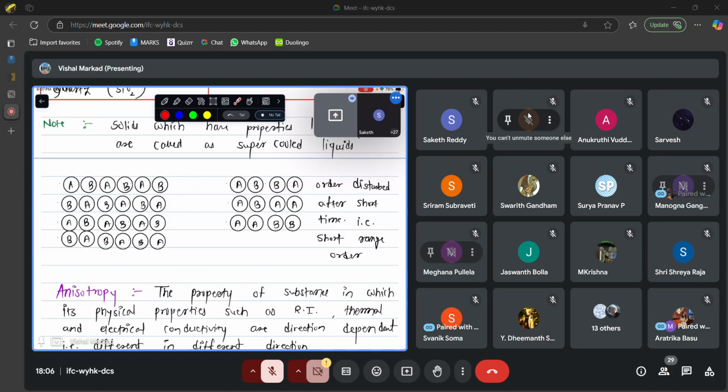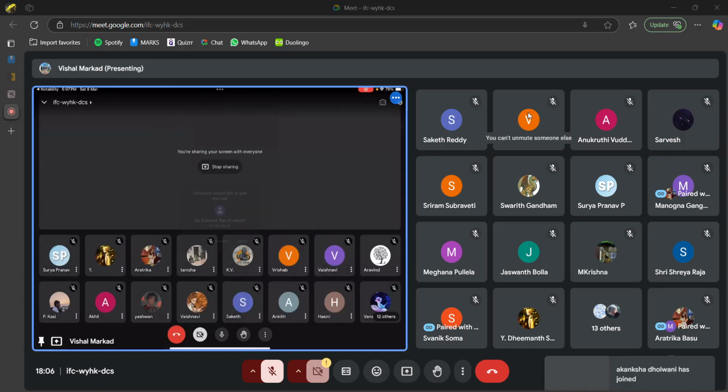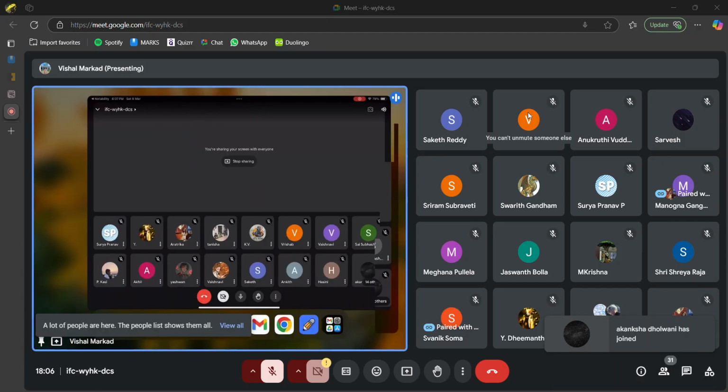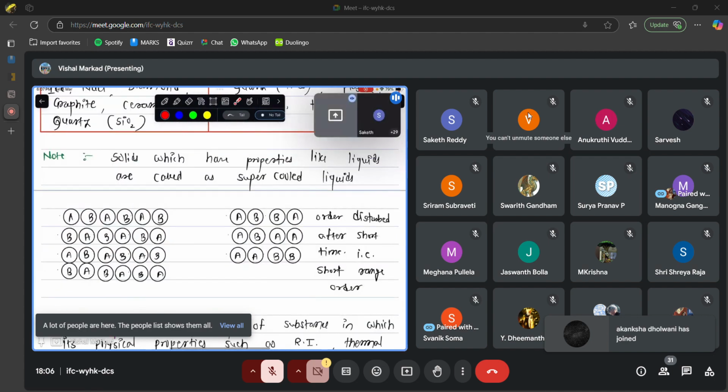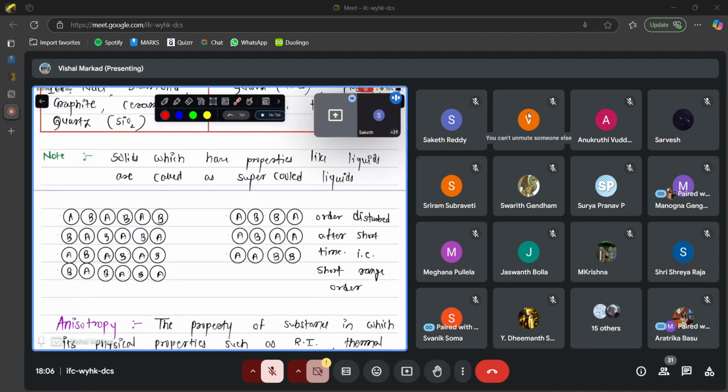This is an example of crystalline solid where atoms are arranged in the proper way. So in crystalline solids there is a definite arrangement of atoms.